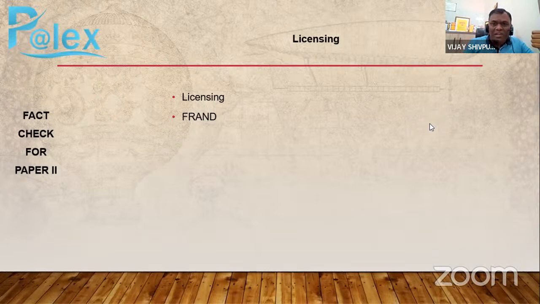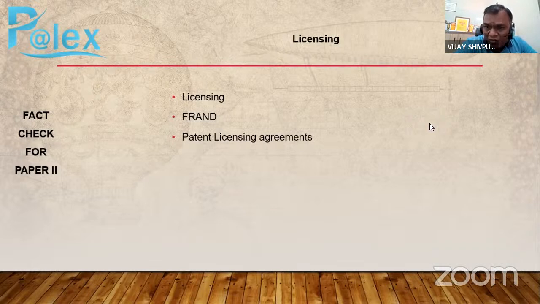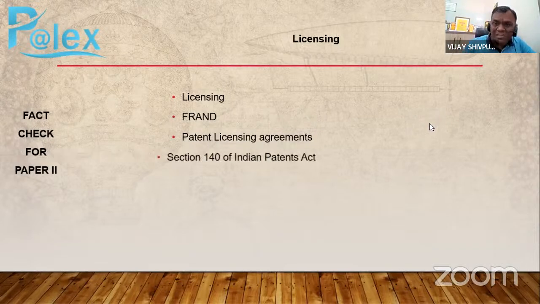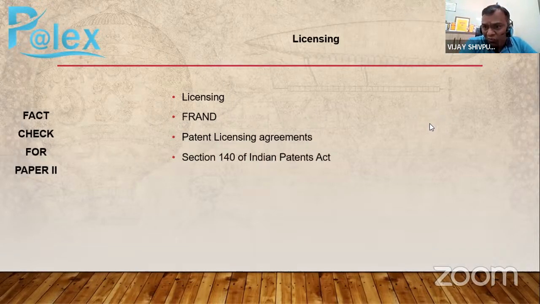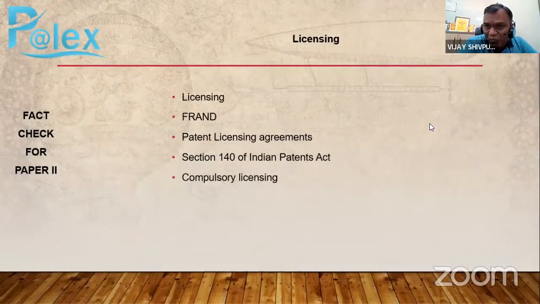What is its meaning? How are patent licensing agreements drafted, how are they executed, and what are the terms and conditions in them? Section 140 of the Indian Patents Act specifically deals with patents and competition law, and of course the compulsory licensing part as well.